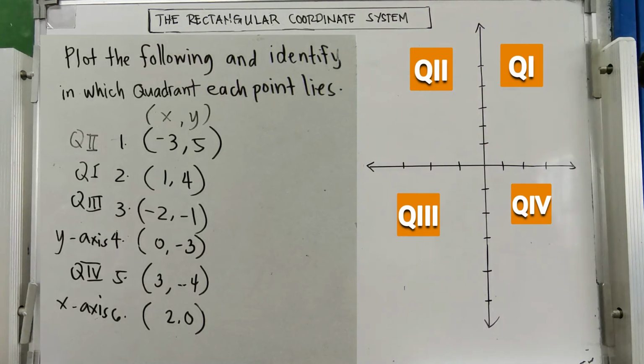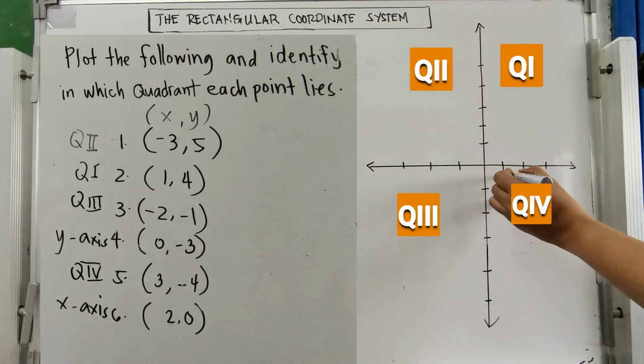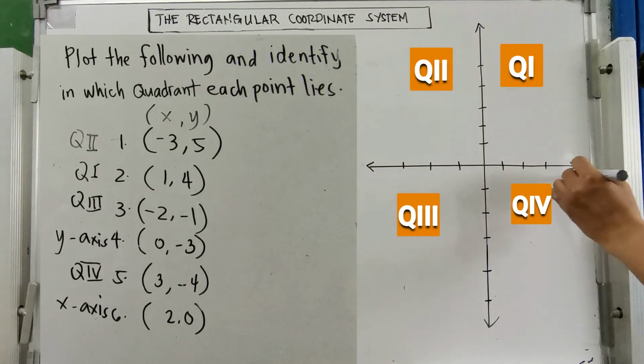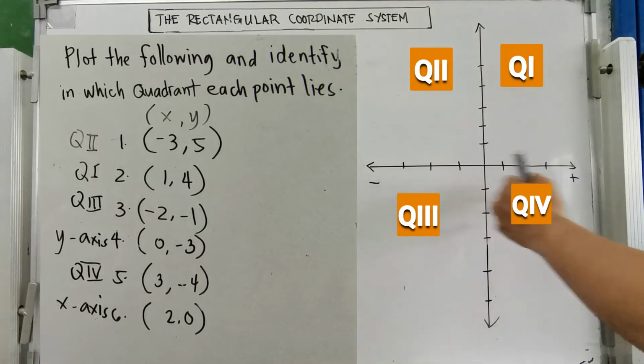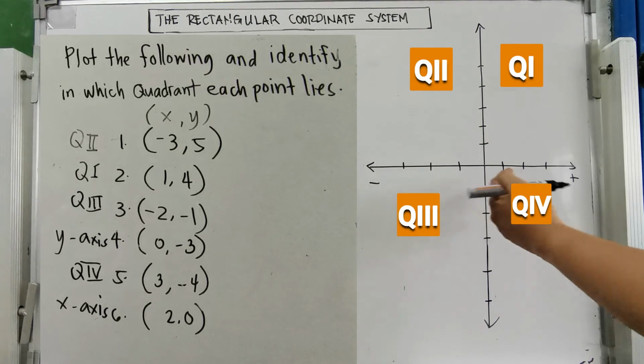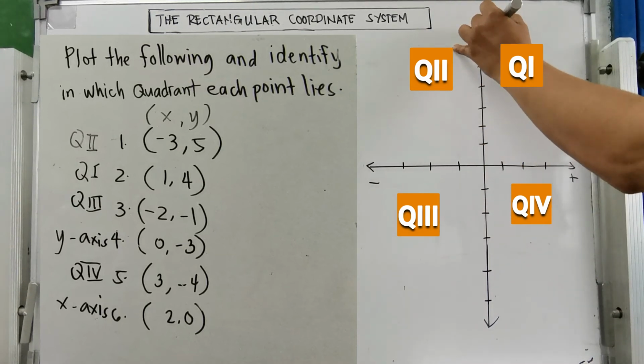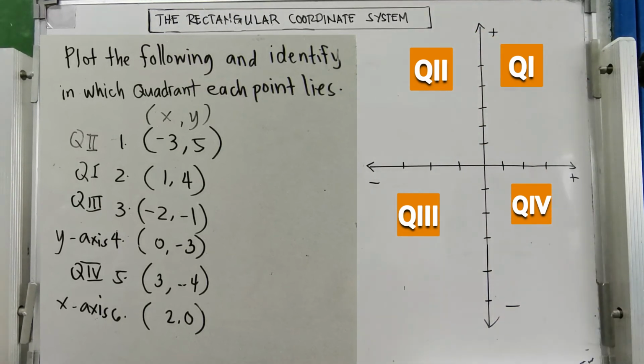If we're talking about ordered pair lying in quadrant 1, take note that since these numbers are positive and negative numbers of x, and dito naman sa y, ito yung mga positive, ito yung negative.